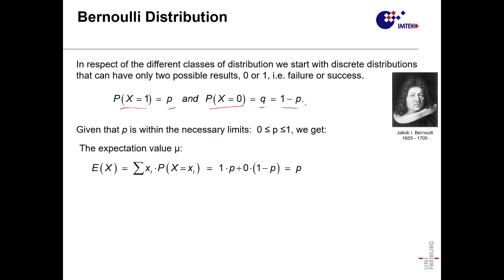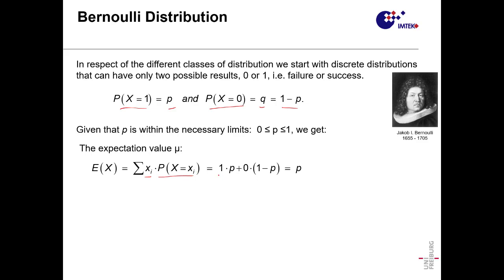So what would be the expected value of this nice distribution, the Bernoulli distribution? You have to calculate the event to happen times the probability of that event to happen, as always. So what are the two events? You get a 0 or you get a 1. These are the two things that will happen.